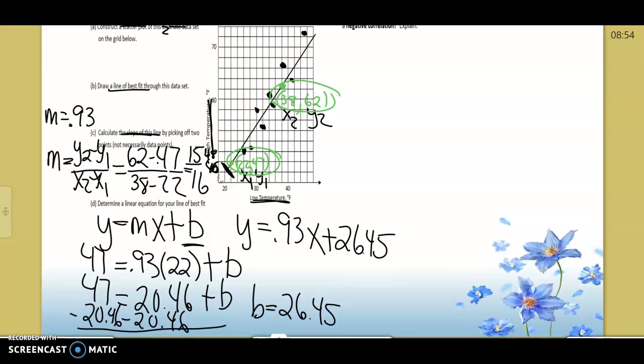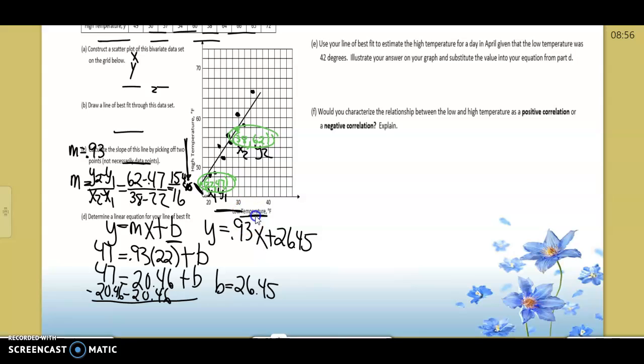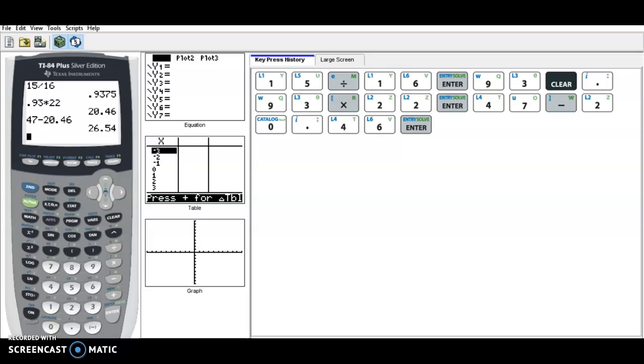So clearly, remember that the low temperature is on the x-axis. So if this is a low temperature, this is an x value, and we can use our brand spanking new equation to find out the high temperature. So y equals 0.93 times the low temperature of 42 plus the starting value of 26.45. I'm not even going to think about using anything other than my calculator to help me find that out.